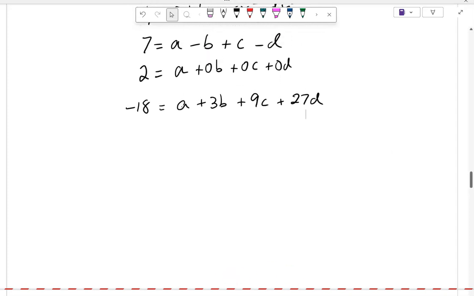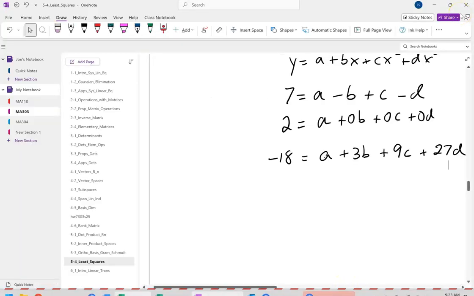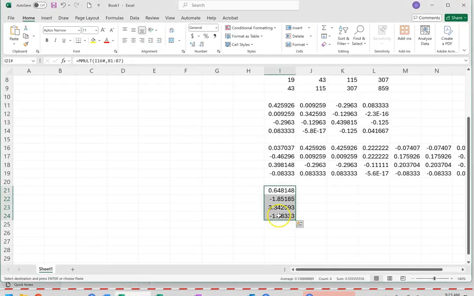the coefficient on the D was negative 1.58333. Sorry. Yeah, so you can round it on the paper, you can do that. This I just copied and pasted over so it kept as many decimal places as possible.